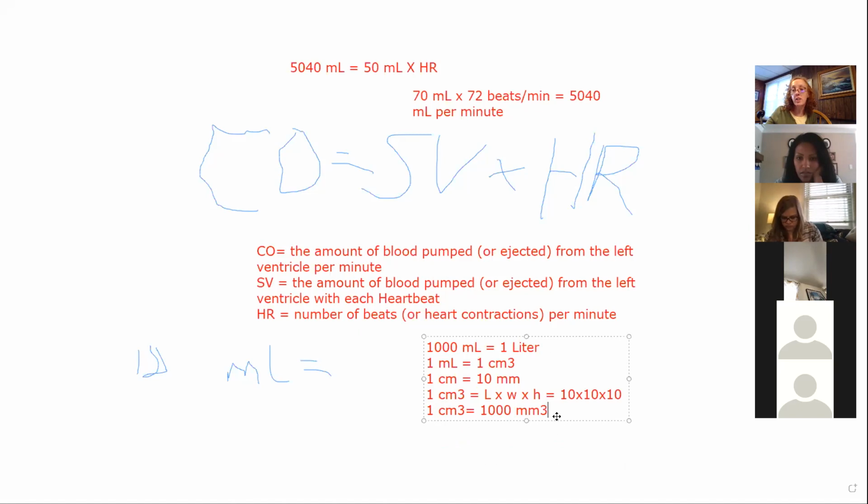And when you go into your next classes, you'll learn a lot more there. So 1 centimeter cubed equals 1,000 millimeters cubed.